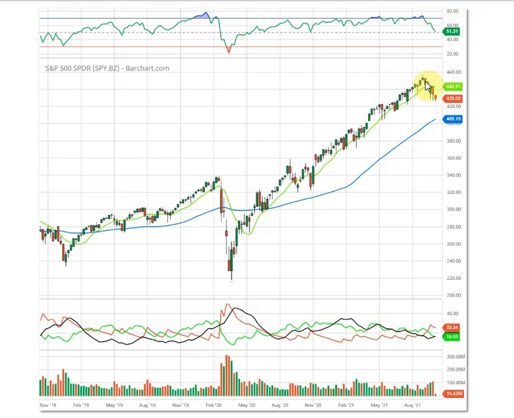It topped out a couple of weeks ago, and it has fallen quite dramatically. It's still above the 51 on the RSI, so it's still bullish with that indicator. Looking at the moving average, this is the 50-day moving average.